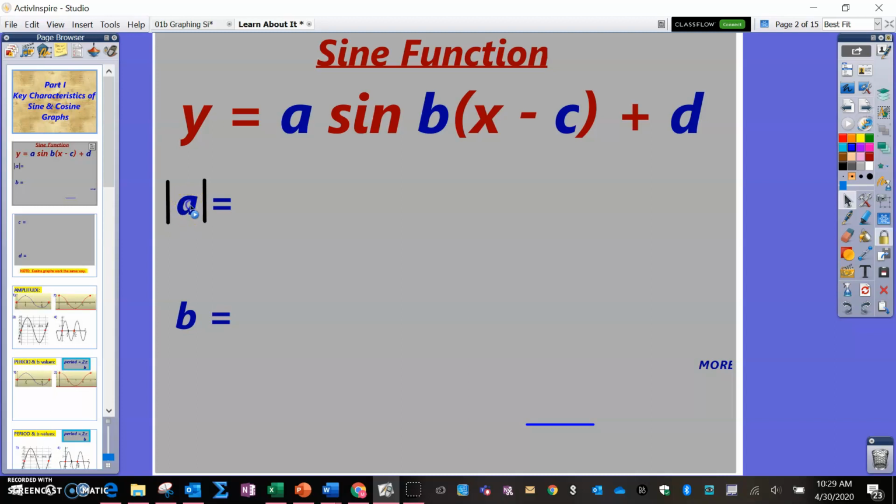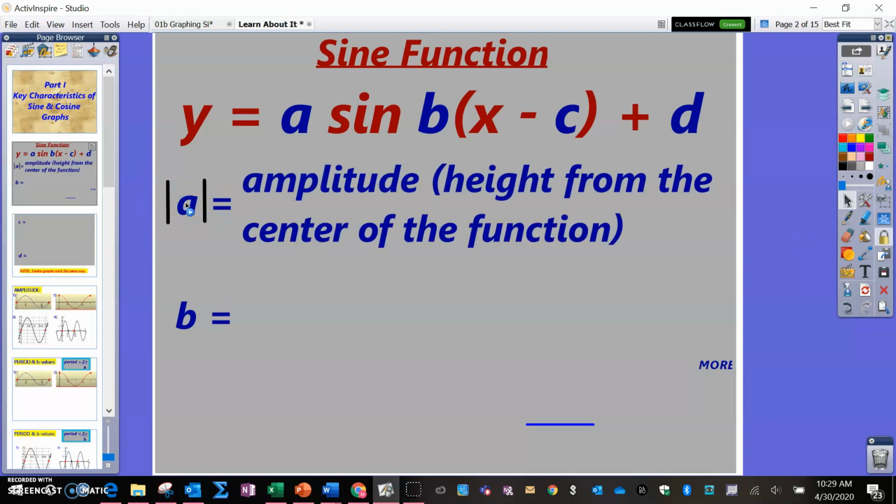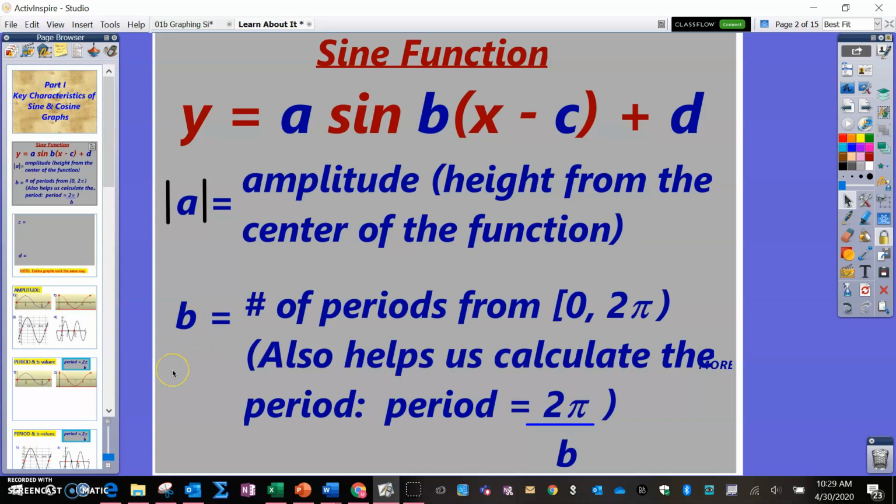First, the absolute value of A is going to be the amplitude. This is the height from the center of the function. The amplitude, we discussed this last week. B is considered the number of periods or cycles between 0 and 2 pi.